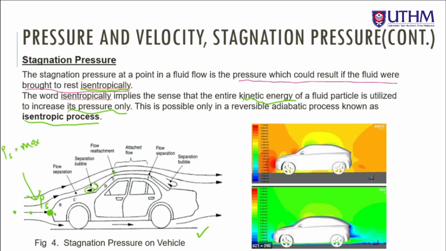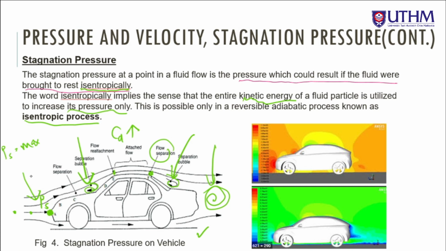Then there will be parts where the separated flow reattaches, and then separates again here, creating a separation bubble, and then there is a wake here. This is when we talk about aerodynamics of vehicles, where it creates regions of flow separation and reattachment, and all these separation bubbles will cause the drag to increase, which affects the performance of a car. So that is just additional knowledge for you guys.